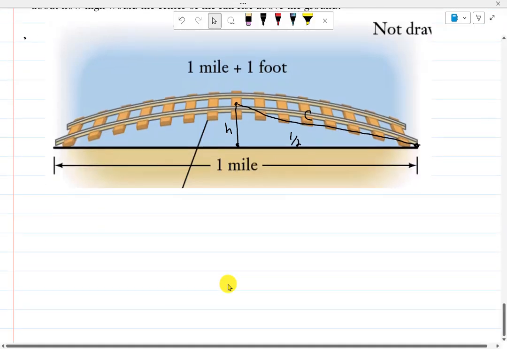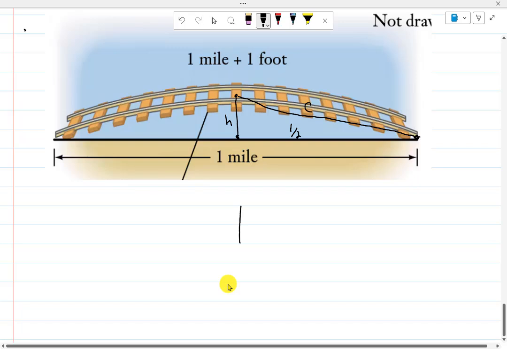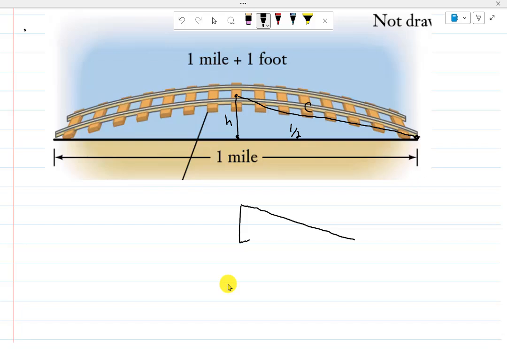And so let me translate this triangle down here so we can see everything better. I'll put a little right angle thing down there. So we have its height. We have 1/2 of a mile here.